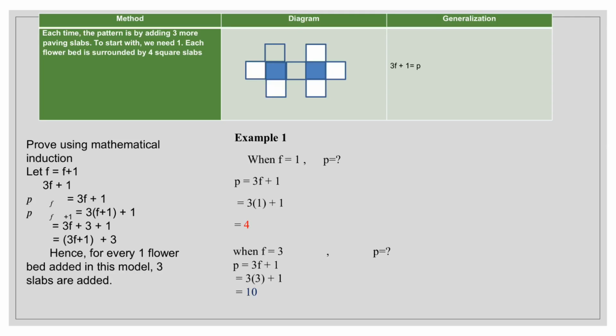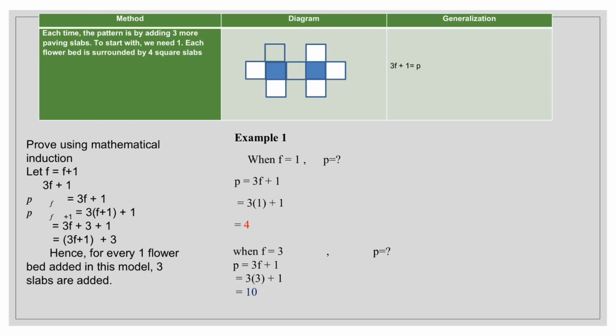So our final answer is 3f plus 1 plus 3. So yung 3f plus 1 natin, yun yung formula natin. And then yung plus 3, for every one flower bed added in this model, 3 slabs are added. So pinakita natin kung ilan yung nag-a-add na paving slabs kapag nag-a-add din tayo ng flower bed.